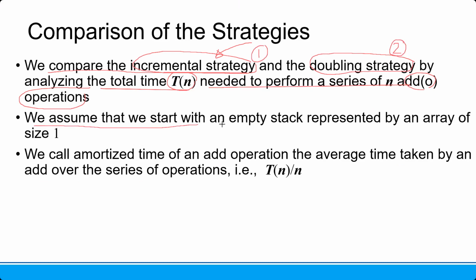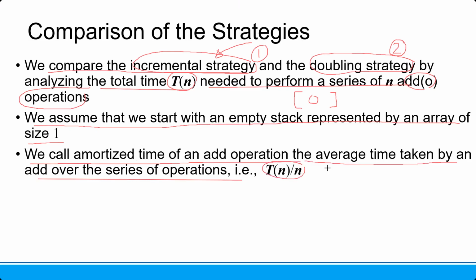So we assume that we start with an empty stack represented by an array of size 1. So let's say we have an array and the size is 1. Let's say I have 1 element like this. So we call the average time of an add operation the average time taken by an add over the series of operations.